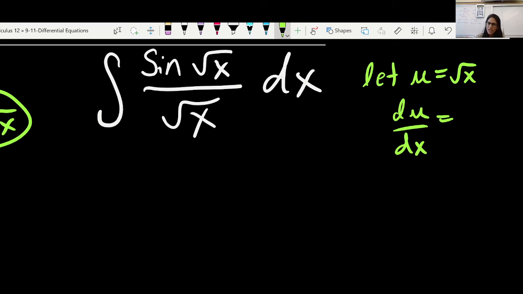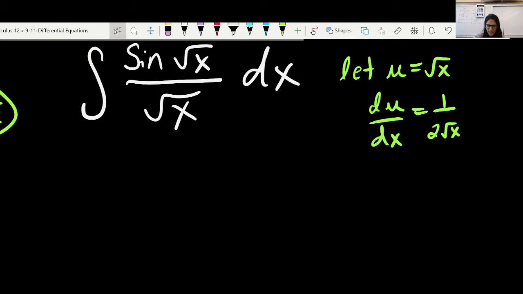And we know that that is equal to 1 over 2 root x. Again, because that's just x to the power of 1/2, we would bring forward that 1/2 and subtract off 1. And that's how we end up with this.